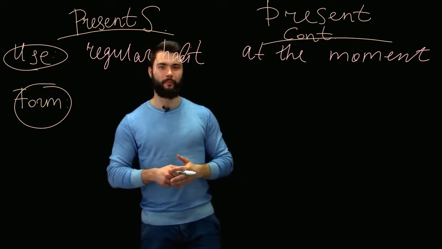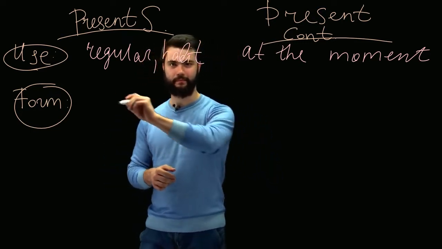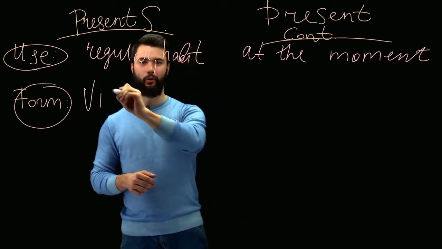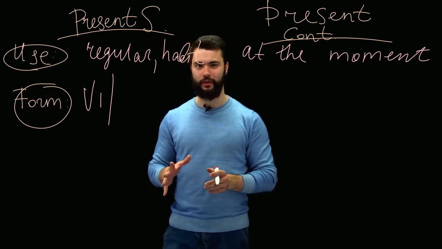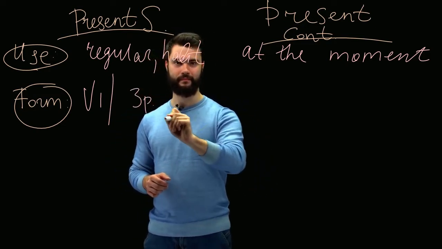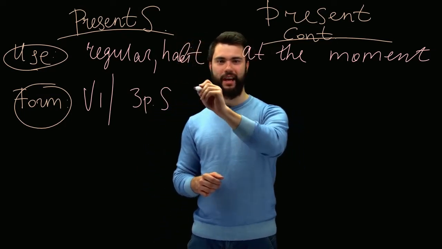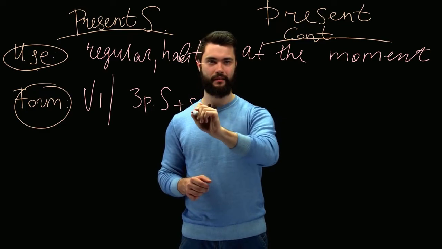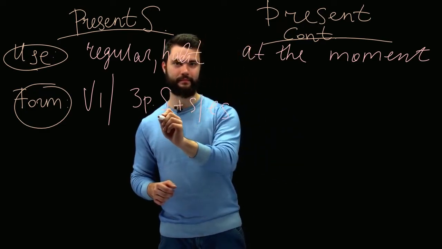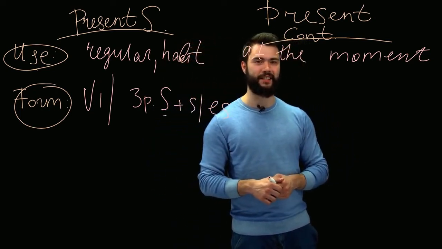What about the form? How do we form the present simple tense? We take the first form of the verb, or if it is the third person singular, we also add the flexion s or es. How do we form the present continuous tense?